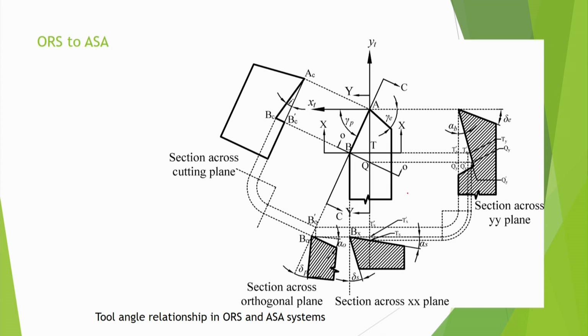Alpha B is the back rake angle, alpha S is the side rake angle, alpha O is the orthogonal rake angle, I is the inclination angle, delta P, delta S, gamma E is the end cutting edge angle, and gamma P is the principal cutting edge angle, which is basically 90 minus the side cutting edge angle.